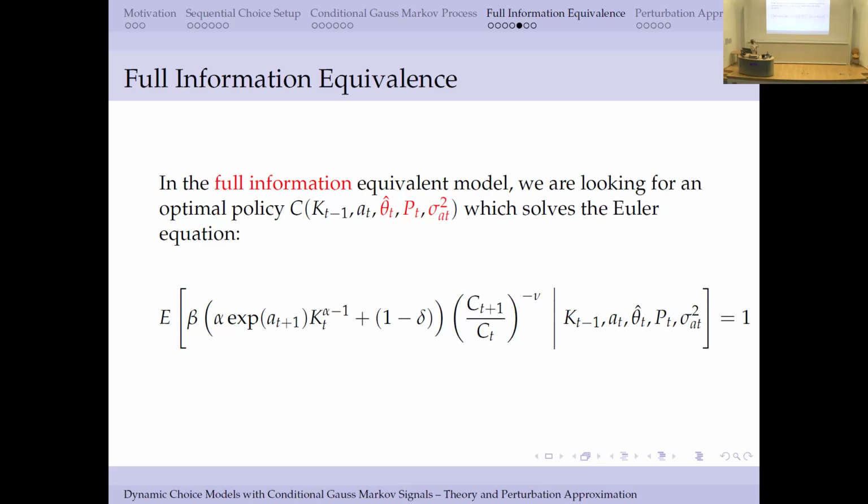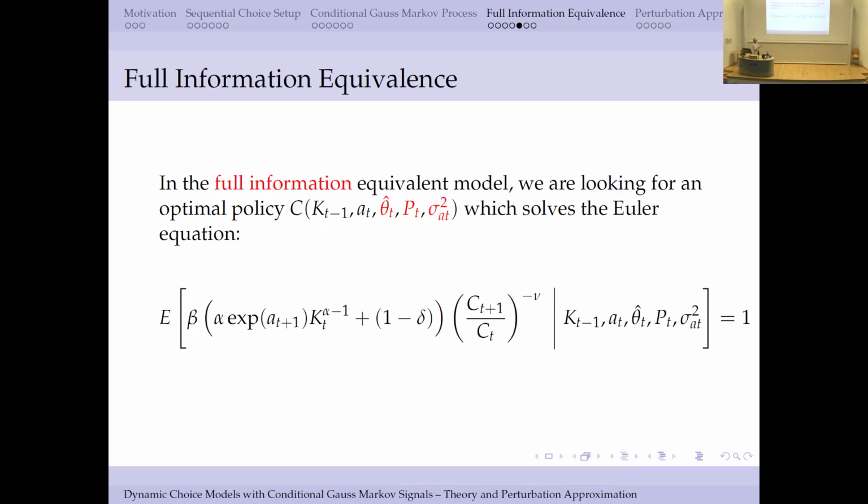And notice again, this conditioning is with respect to the two observed states, lagged capital and AT, and our sufficient statistics, which are sufficient for that control density that I defined in the previous slide, right? So the first step is to rewrite the optimality equation, the Euler equation, as a function of these sufficient statistics rather than these infinite dimensional objects, the filtering and the control density.